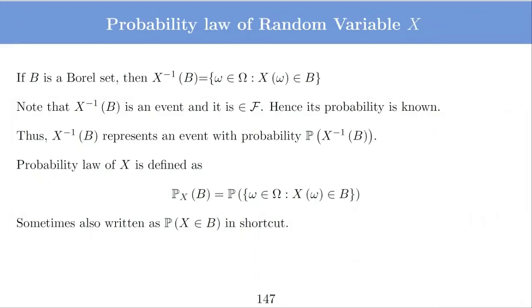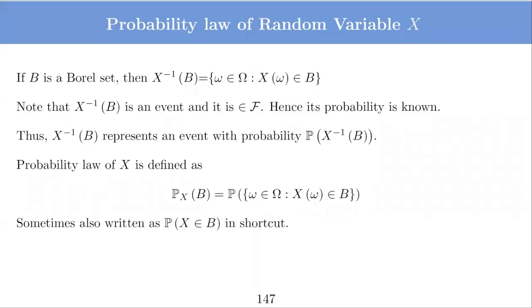Because it is in F, its probability is known, right? If X inverse B is some set E, then we know the probability of E because it is in the sigma algebra. So X inverse B represents an event E with probability P of X inverse B. Okay, and this probability is defined because X inverse B is in F.